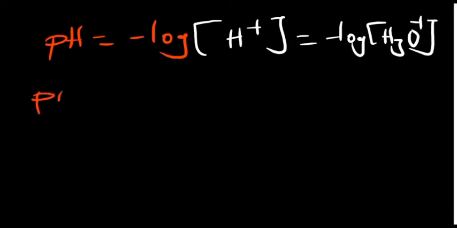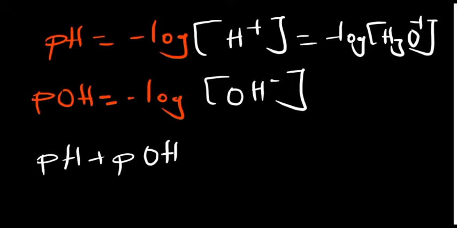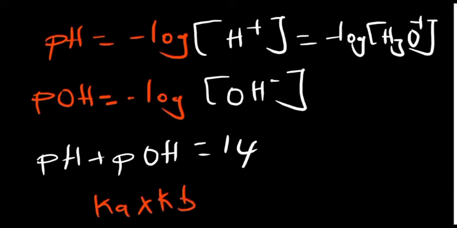The pOH, on the other hand, is dependent on the concentration of what? The hydroxide ion concentration. There's something that we have to understand: pH plus pOH is equal to 14. We also have to understand that Ka multiplied by Kb, where Ka is the constant of an acid and Kb of the base, is equal to what we call Kw, which is the ion product constant.